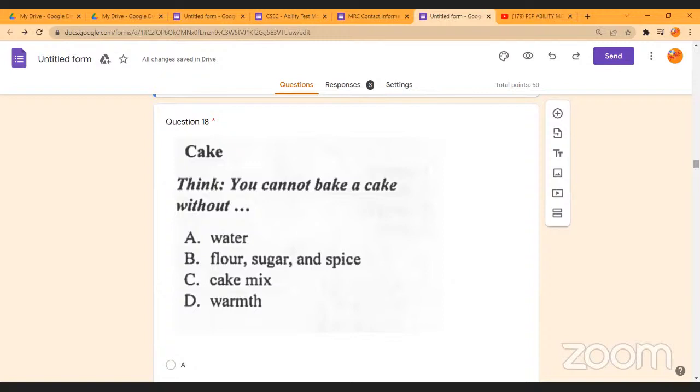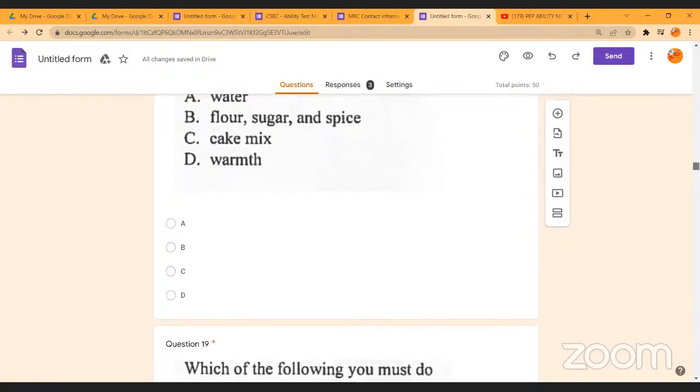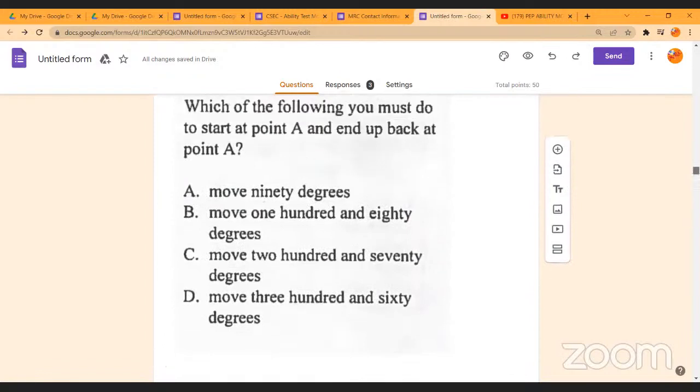B, miss. But I don't need flour, sugar, and spice. I can say my cake is going to be a banana cake, and I use banana and other things other than flour. I don't have to put any sugar in my cake. I don't have to put any spice in it. All right, miss, it's D. All right, it's D. They definitely need warmth to bake your cake. So the cake is not going to bake without warmth.